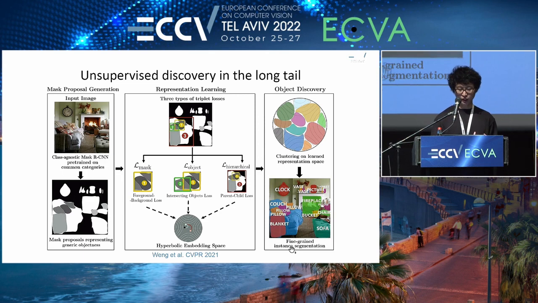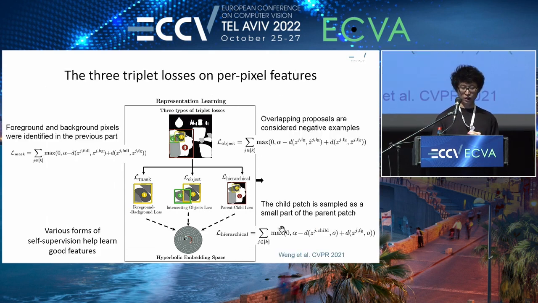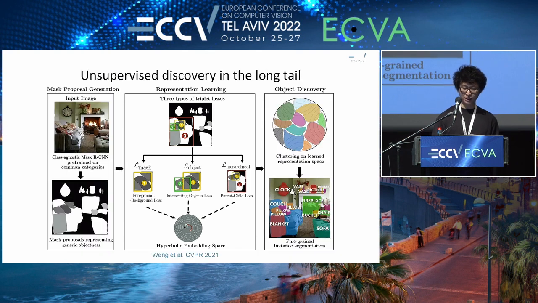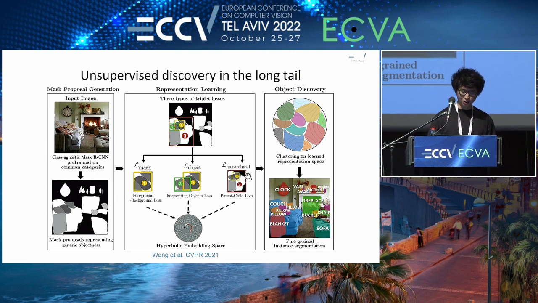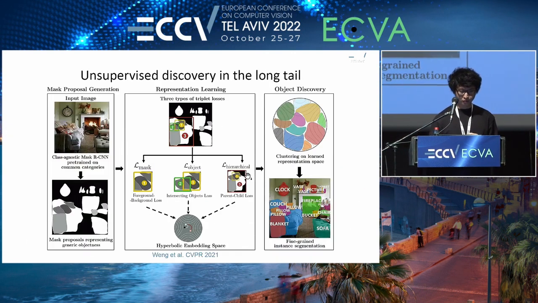For example, we have a couch, or a fire, or a clock, but say this couch has substructures like the pillow, the blanket, etc., that may be organized hierarchically. And we take the same approach of learning good representations and then clustering them.